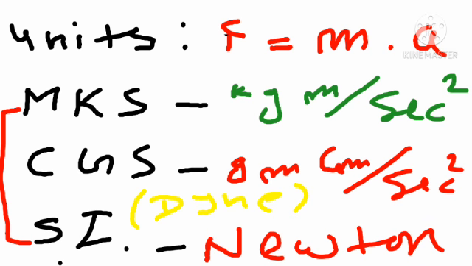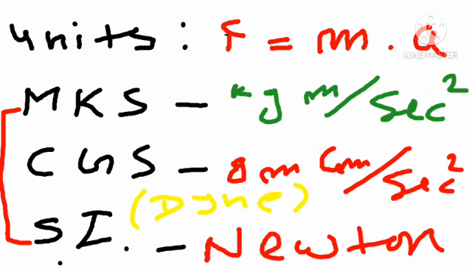Now the unit in CGS system, centimeter gram second. The unit of mass in CGS is gram and the unit of acceleration in CGS is centimeter per second square. So the unit of force in CGS system is gram centimeter per second square, also called dyne.